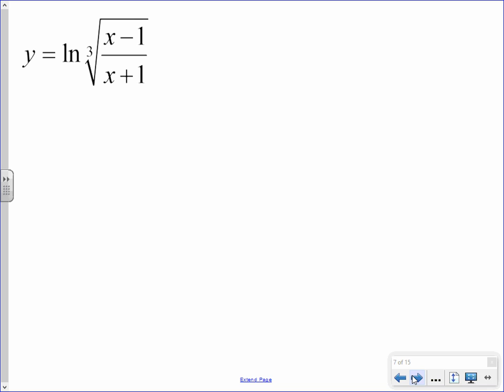We have a function inside of the natural log, where we have a quotient inside of a cubed root, right? What could we use to simplify this a little bit? We can do this without the quotient rule.